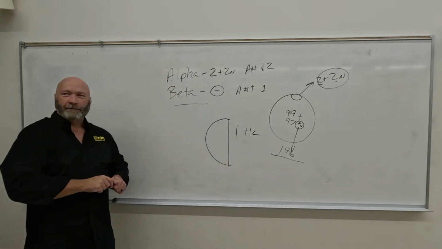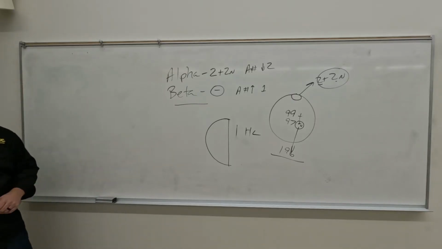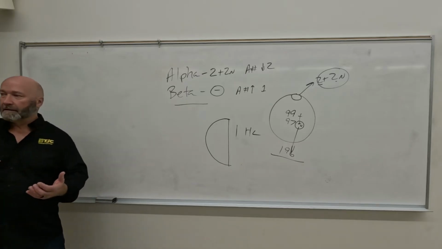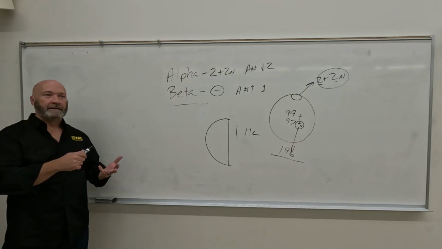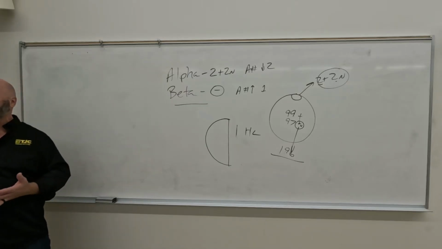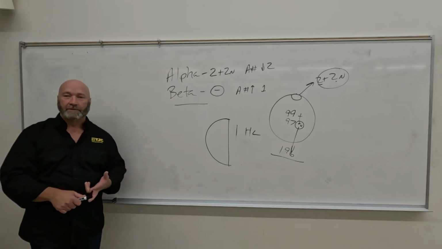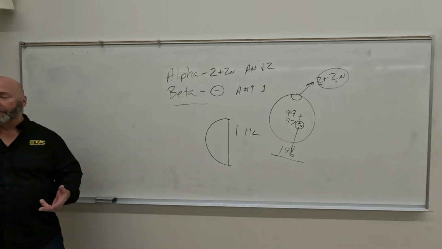So if you're given a problem to calculate half-life, and it's on the test, you're going to be given how much radiation you have. You're going to be given the amount of time it takes, if it's pertinent, or the question is going to ask you after so many half-lives, how much do you have?